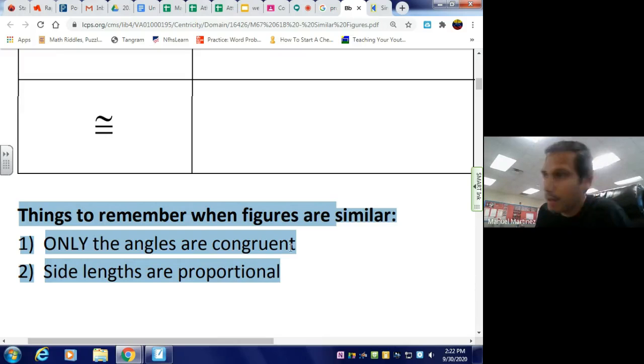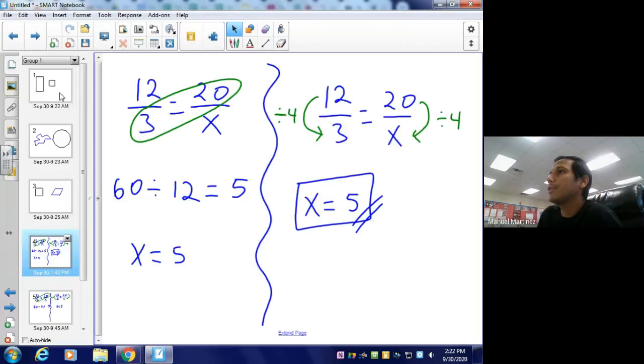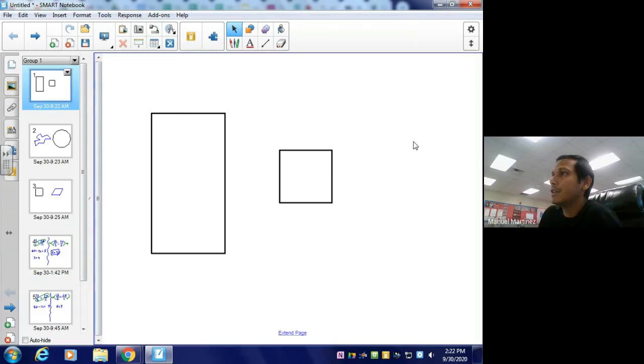So let me show you an example. Here we have these two figures. The first figure is a rectangle, and the second figure is a square. As you can see, the angles are the same.